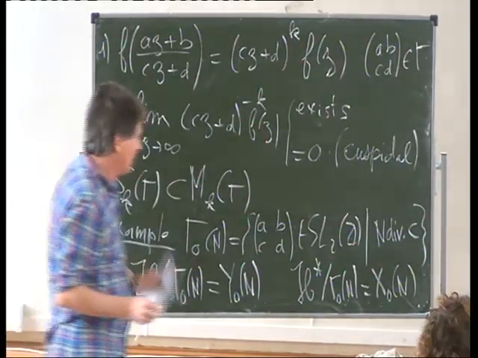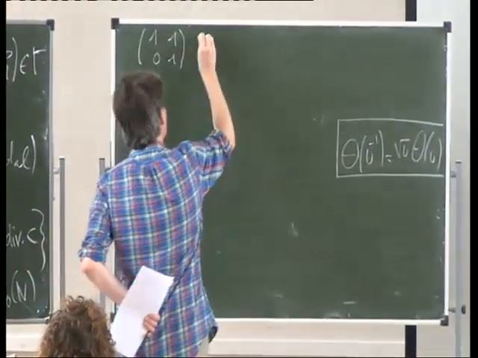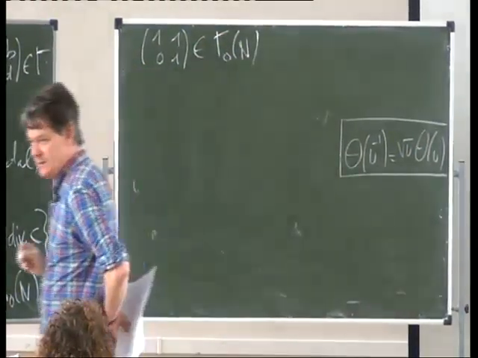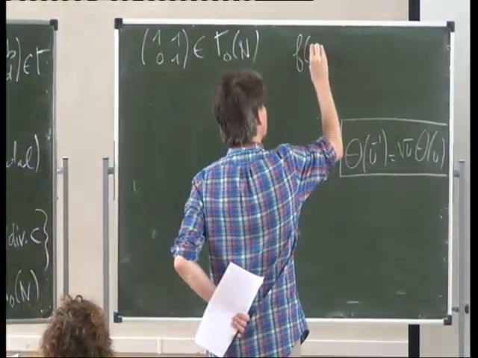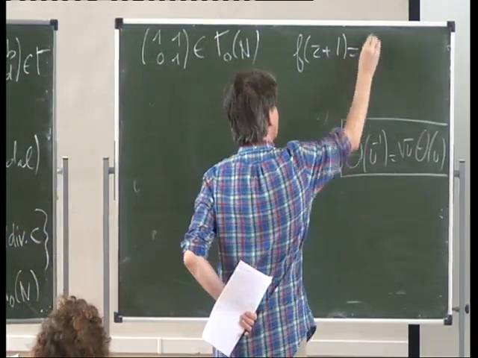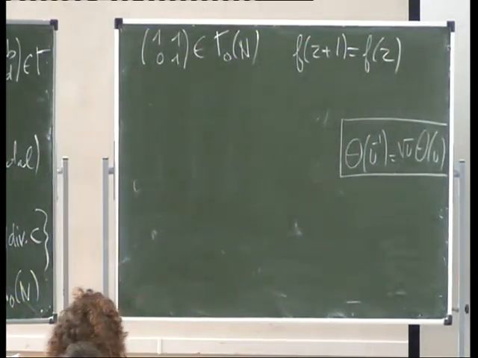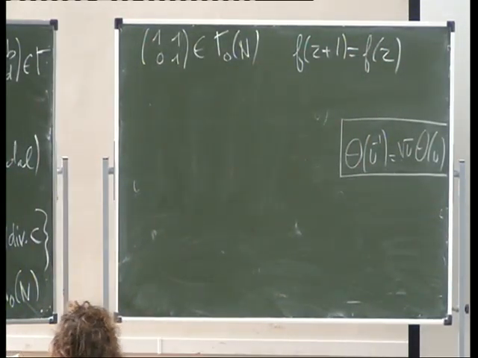Now, if you have this, the first thing to observe is that the elements belong to gamma_0(N). So f(z+1) is equal to f(z). It's a periodic function. If you write this equation for this matrix, you get that.